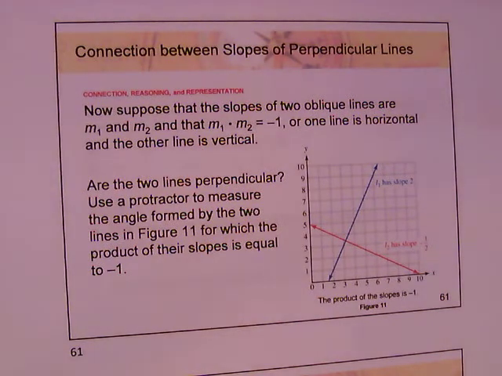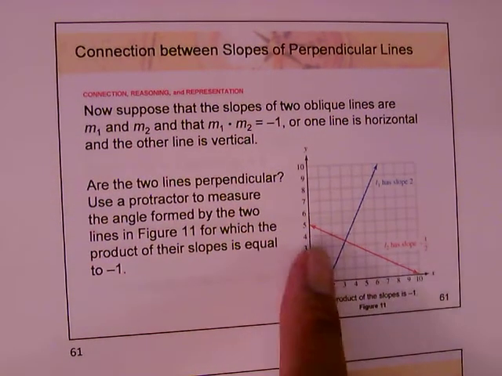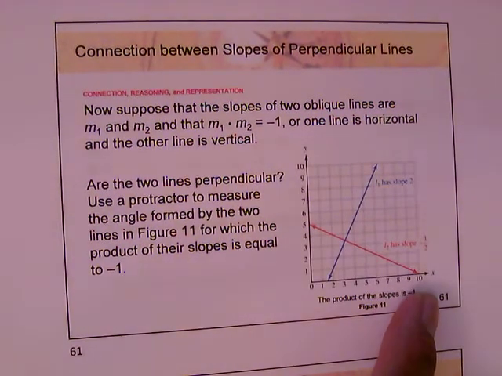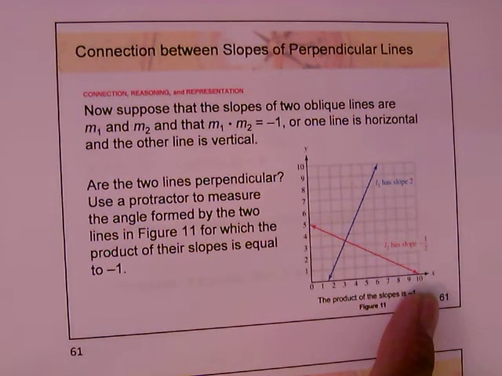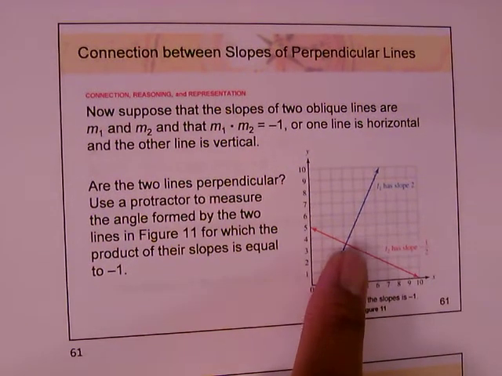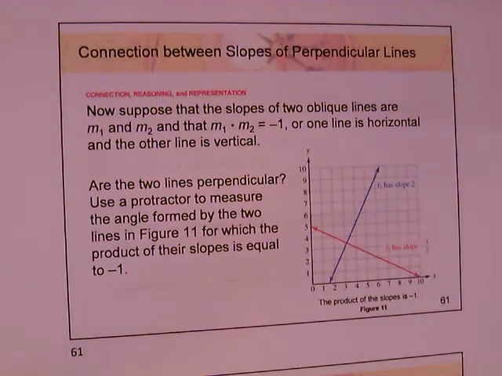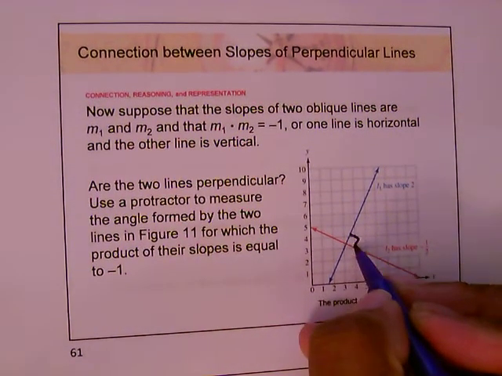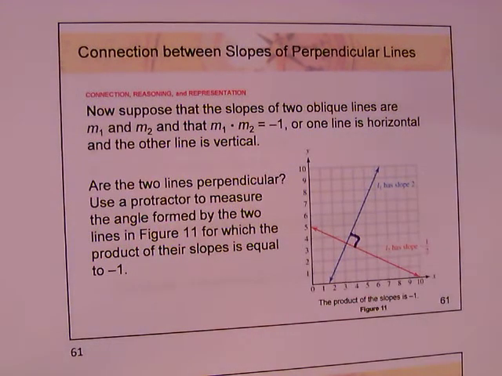Now we can use a protractor to measure the angle formed by the two lines here. So here we've got L1, which is this blue line, and L2, which is the red line, for which the product of those two slopes is equal to -1. And if you were to use a protractor here, you'll see that those two lines are perpendicular to each other. They form what they call a 90-degree angle.